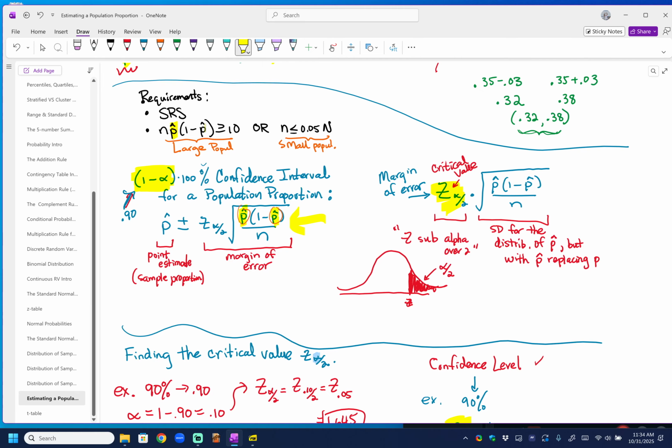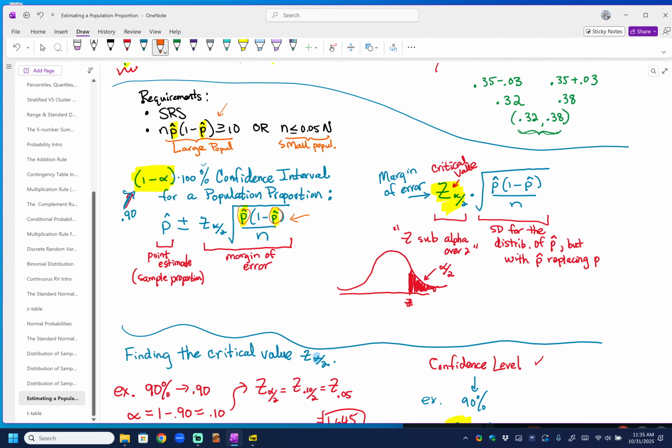That is not any different from our actual formula, where our P's were replaced with P hats, because P is unknown, we're trying to estimate it. If we want a normal distribution for our confidence interval, which is what we're looking for, then in large populations, we just have to make sure this requirement is met.